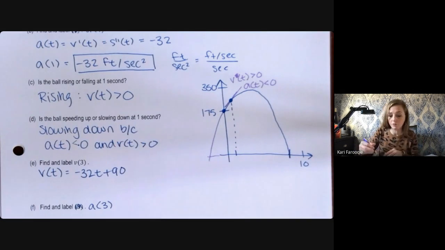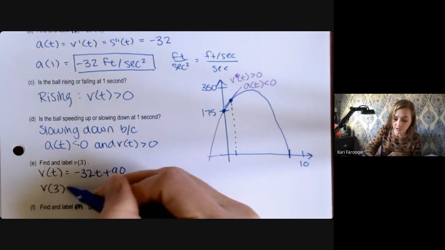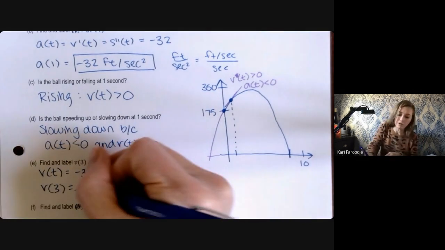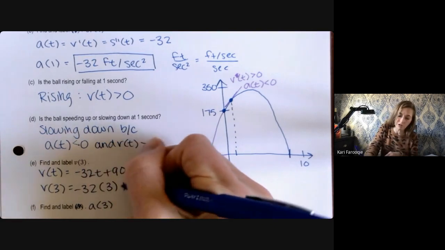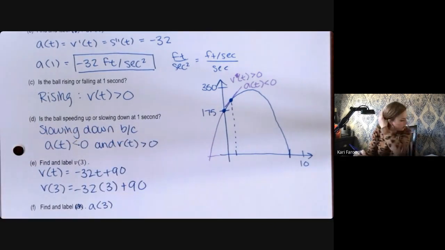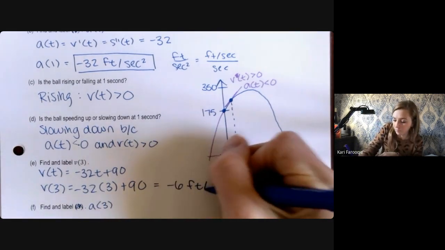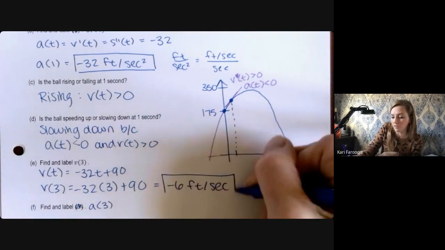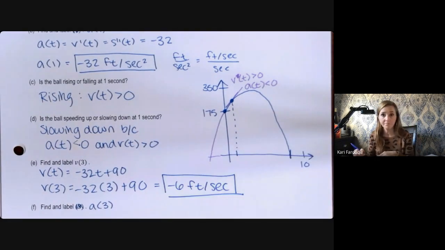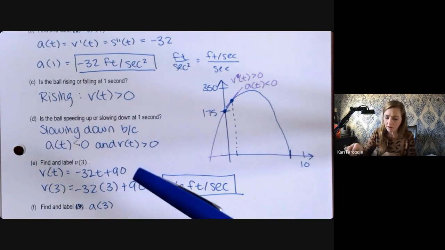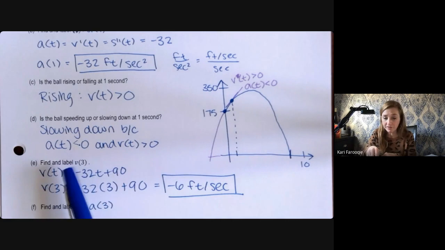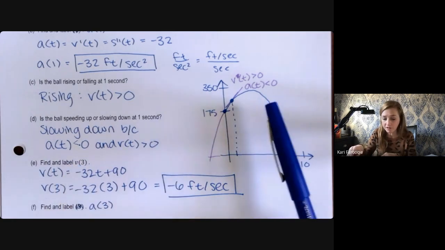And then to find v of 3, we're just, again, evaluating that function at 3. Negative 32 times 3 plus 90. And when you evaluate that, you end up getting negative 6. And it's velocity, so it's feet per second. So you know now that at 3 seconds, the velocity is negative.